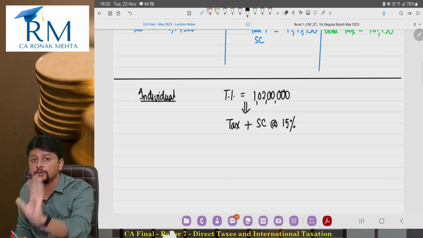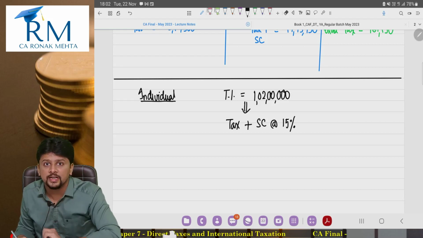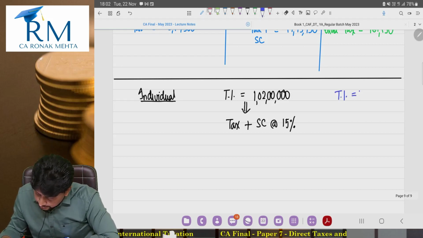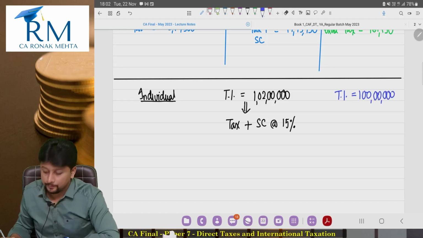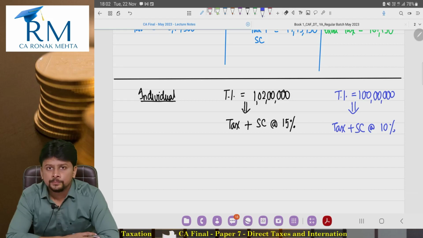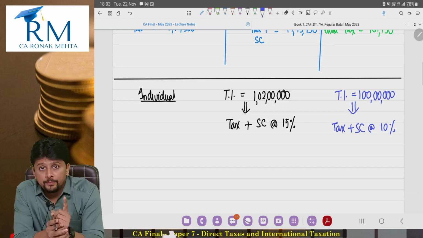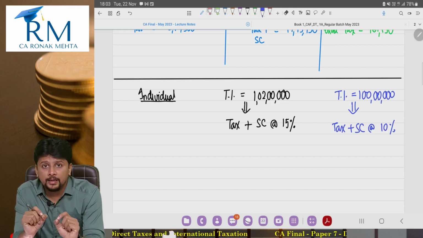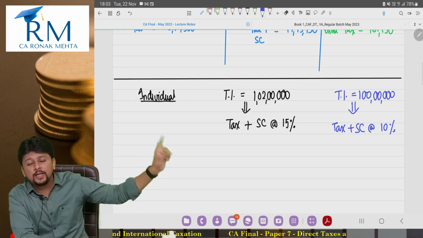What do I mean by this statement? If I have a total income of exactly 1 crore, then I am supposed to pay surcharge, but only at the rate of 10%. So now I will not compare 1 crore 2 lakhs with 50 lakhs.